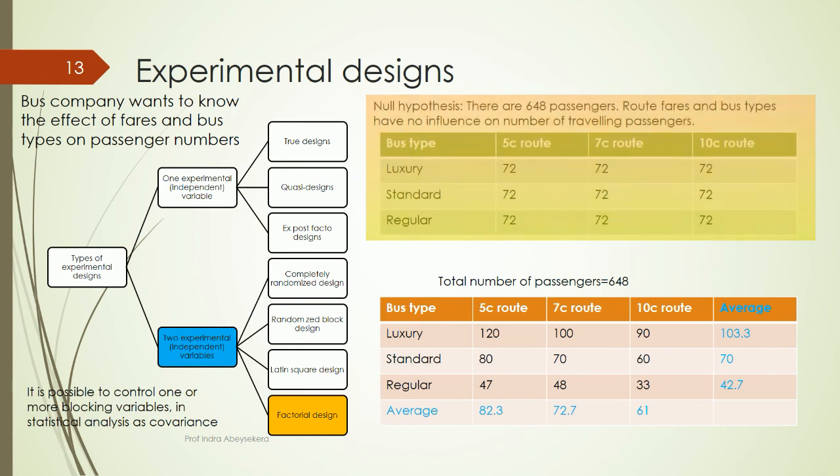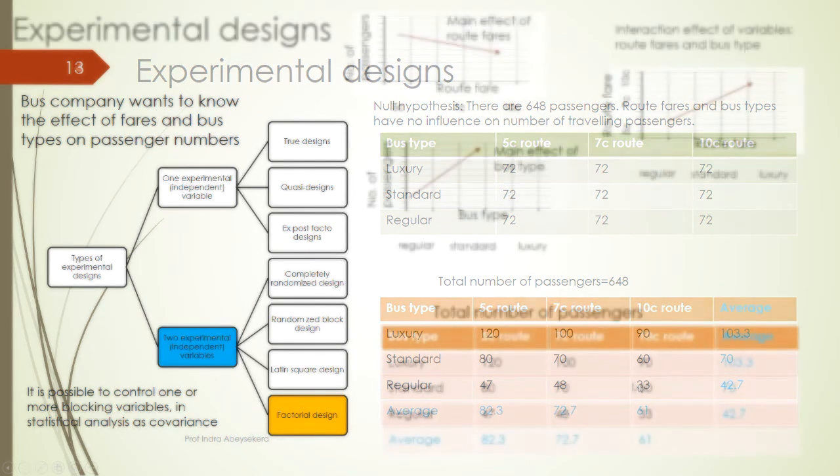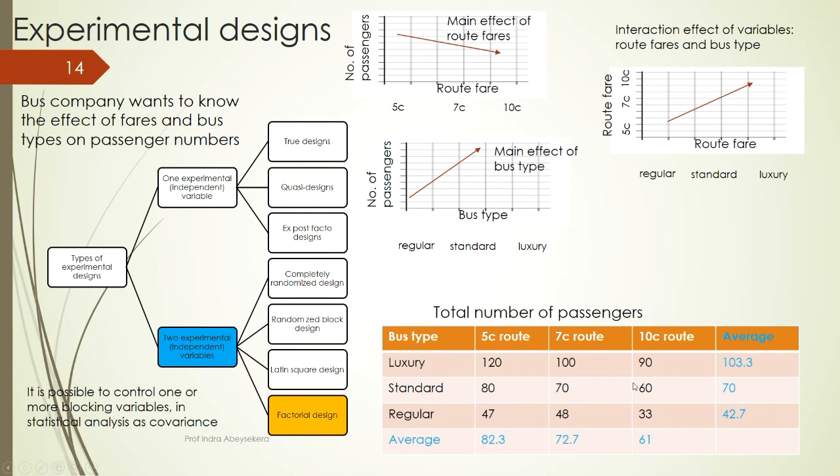But when the experiment was conducted, we find differences. We find that in the luxury buses, there are more passengers traveling when the fare is low compared to regular bus when the fare is expensive, and the least number of passengers travel in regular buses.